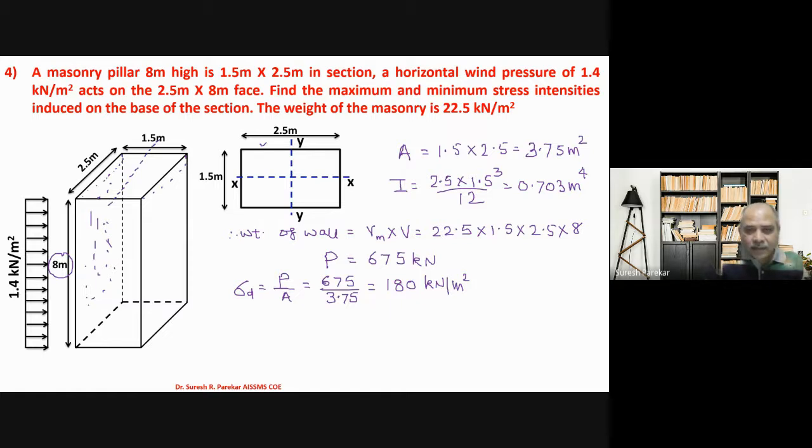Now, what will be my value of moment? So value of moment, M, is equal to wind pressure into area on which it acts into centroid.